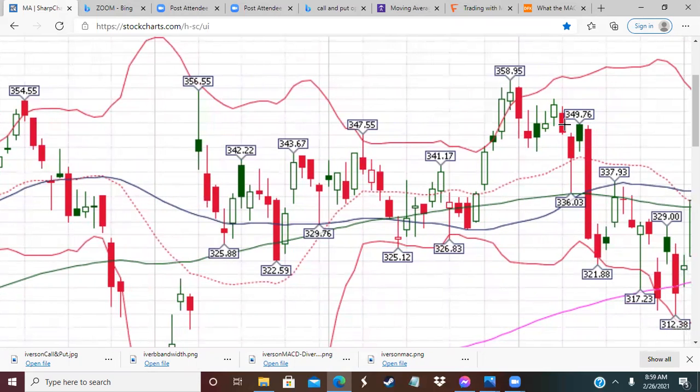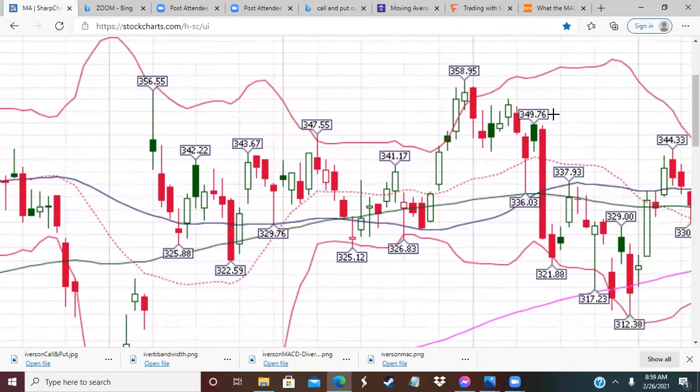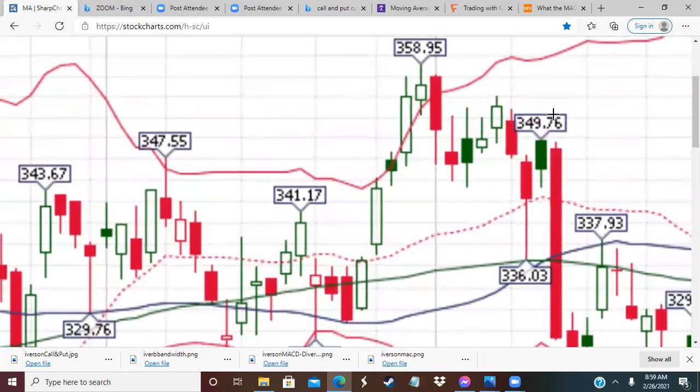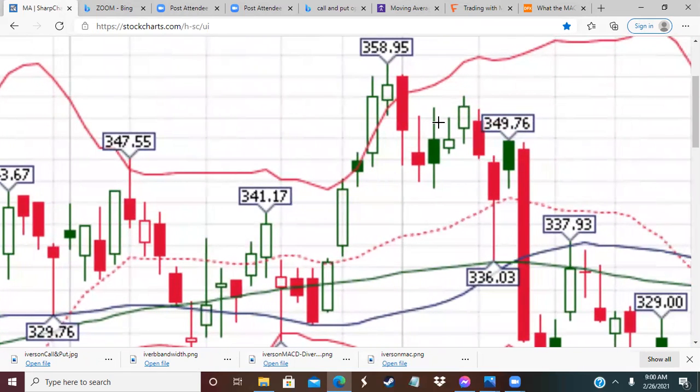All right. So here it is. This is our one black crow. It's occurring right here. Okay, you see it? So here's the upward momentum.